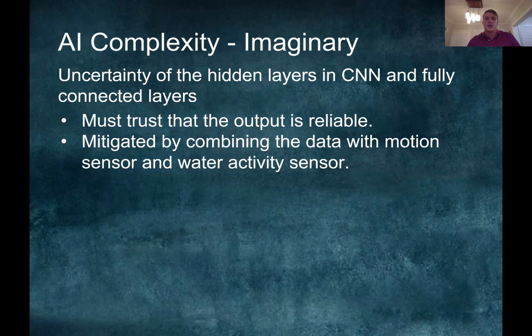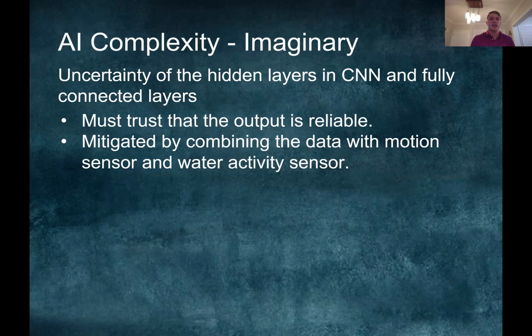Imaginary complexity involves the uncertainty of the hidden layers in the CNN and the fully connected layers, and we simply have to trust that based on this trained model and the trained scene, the output is reliable. There can be cases in which the output of the CNN and the fully connected layers does not provide us with the proper output.